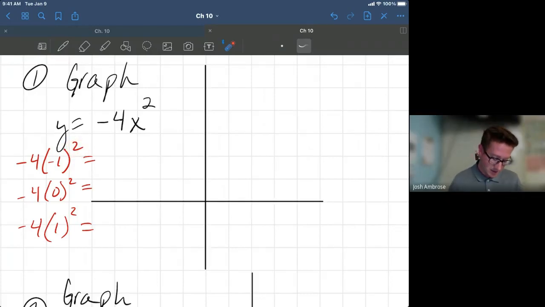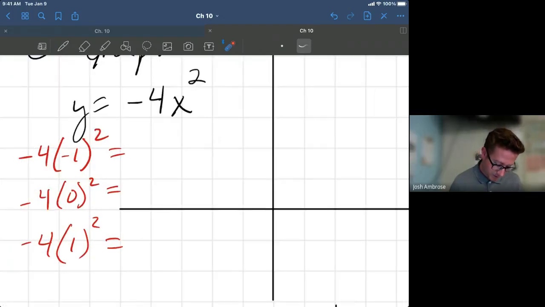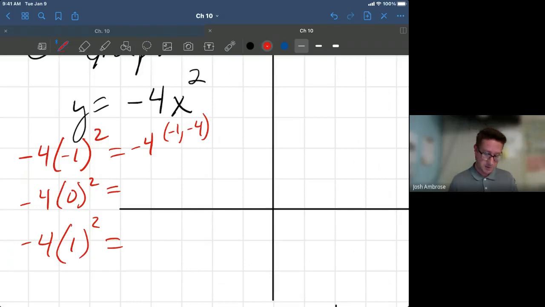So when we're focusing on this one right here, -1 squared makes +1. +1 times -4 makes -4. So now we have a point, -1, -4. 0 squared is 0. 0 times -4 is 0. So that means we have a point of 0, 0.